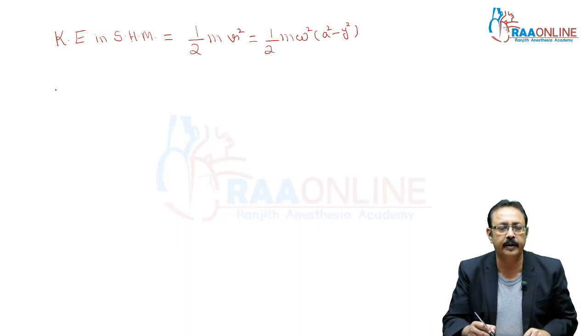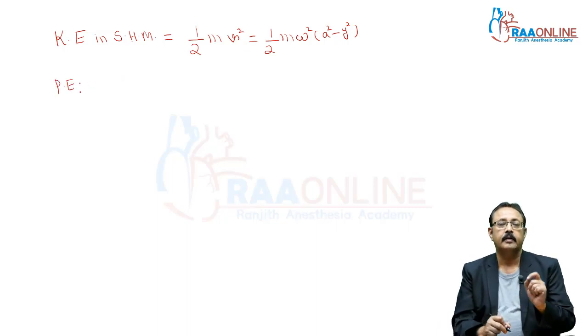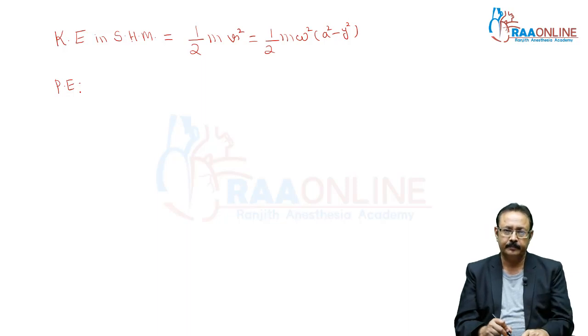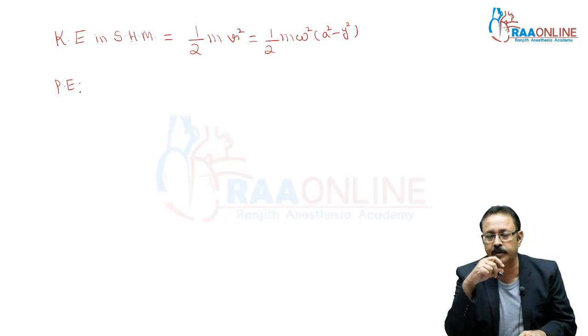Now we try to get the expression for potential energy. We know that the work done in this process is stored in the form of potential energy in the system. But what is work? Work is force into displacement. But force is not constant.